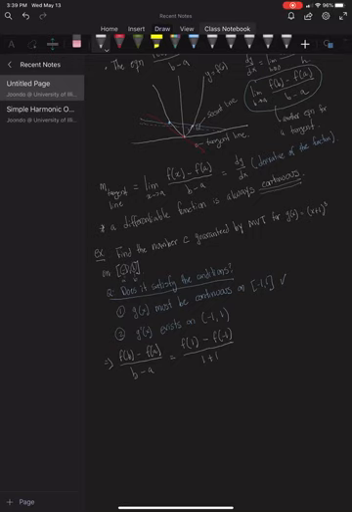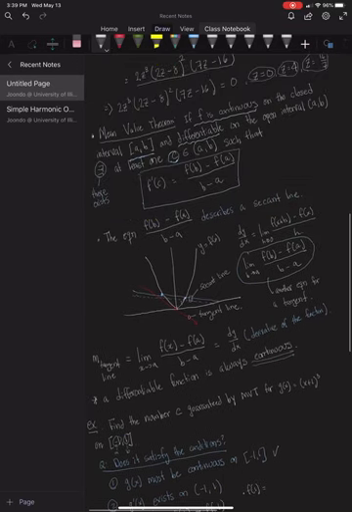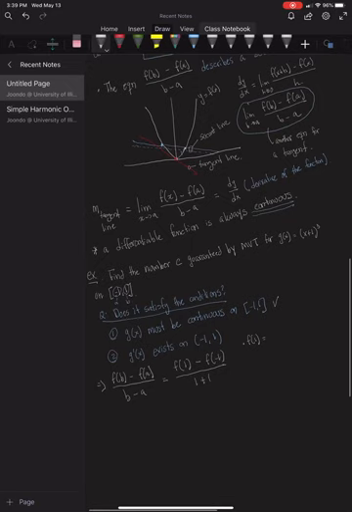I'm sorry, let me delete this again. It has to be G of B minus G of A over B minus A. Okay? And now this equals G of 1 minus G of minus 1 over 1 plus 1.